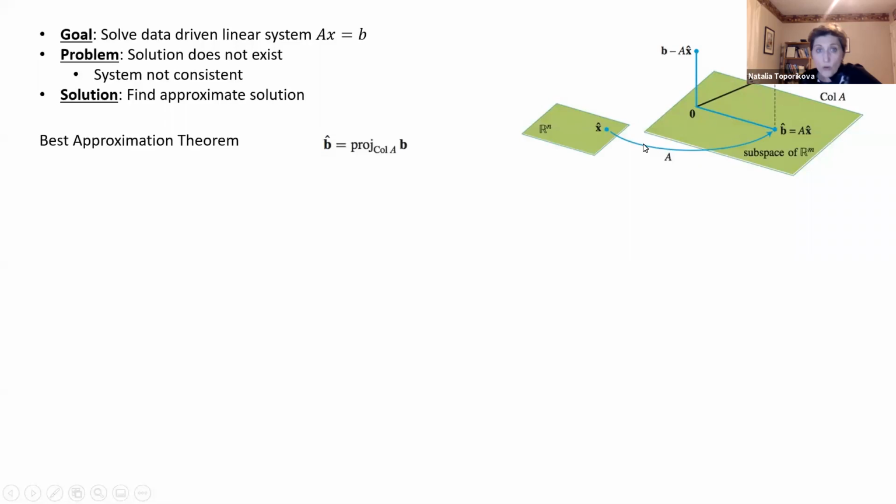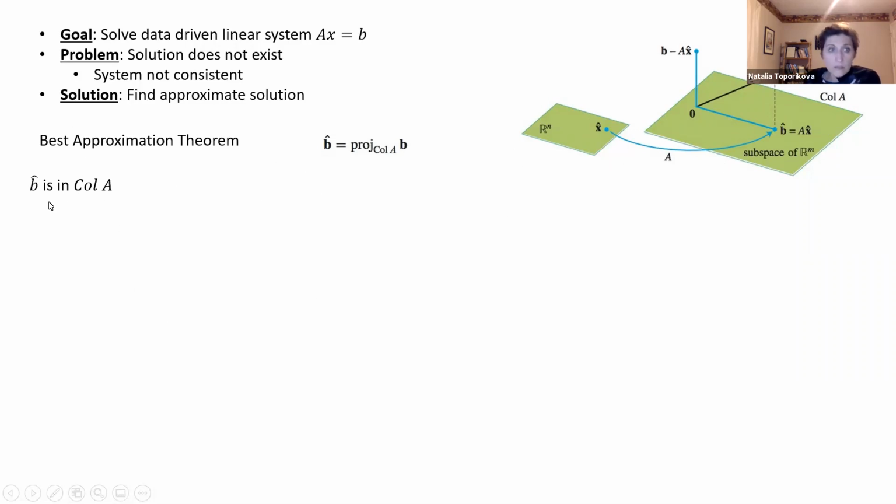All we need to do then is find this vector x bar, which is transformed by matrix A into this b hat, the projection vector. Easy enough, but it's actually a rather complicated solution, so let's go through some derivation.